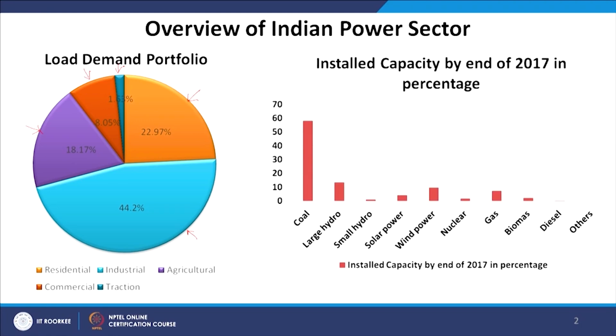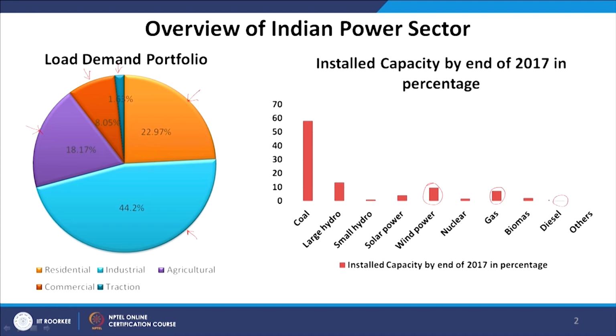Now, looking into the generation side, out of 100% generation, approximately 57 to 58% in India comes from coal, we have large hydro close to 15%, a major contribution of approximately 10 to 12% from wind, and 8 to 9% from gas, and a minor percentage of diesel.